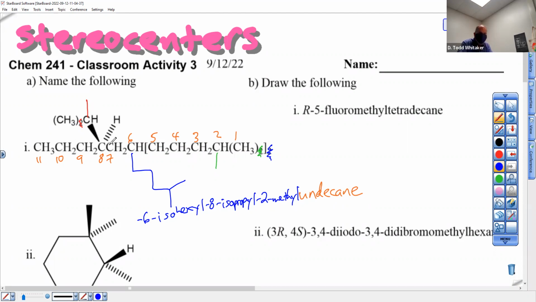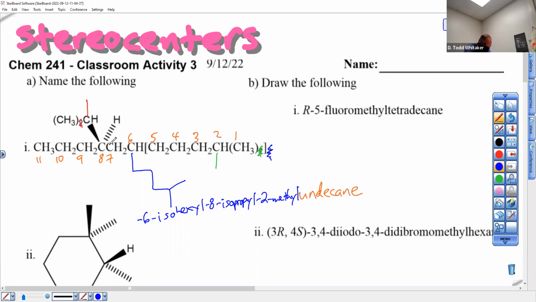And it's going to be either R or S based on the system that was developed by Kahn, Ingold, and Prelog in the 20s. The other century 20s people. Just realized that's been around for 100 years now.